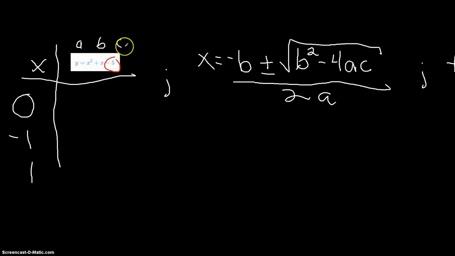So in this case, c would be -5, b would be +1, and a would also be +1. So you could try plugging those in there.